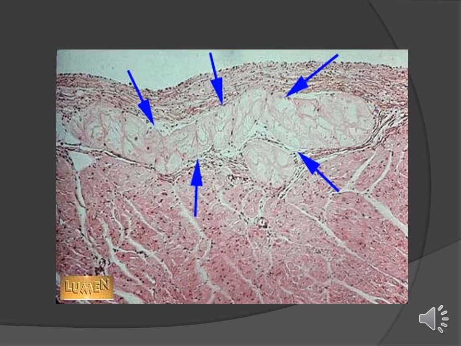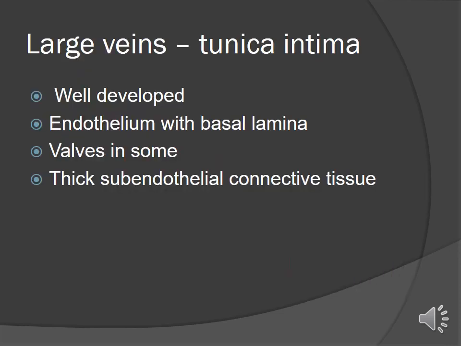Tunica adventitia is about twice as thick as the tunica media, and this part is the best developed in the vein. Veins with a diameter greater than 10 millimeters are classified as large veins.